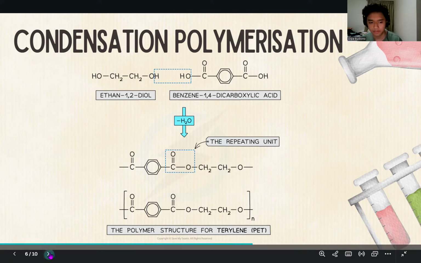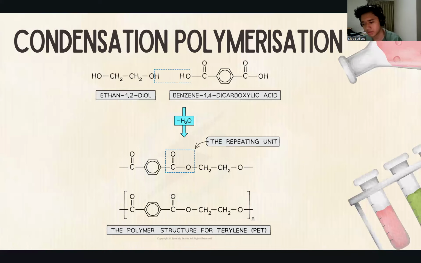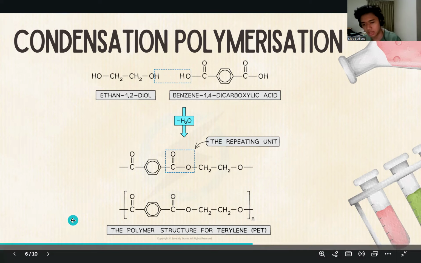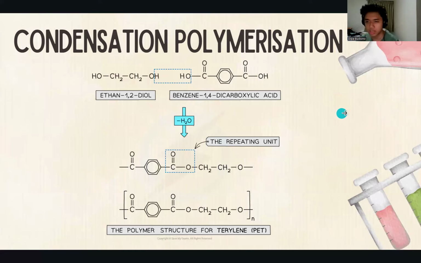Other than that, there's also something called a copolymer, which is very similar to composites, in which manufacturing uses two different monomers so that you can get desirable properties from each. Another example other than terylene is ABS, which is the main component of Legos.